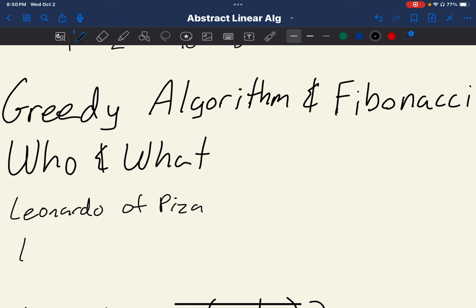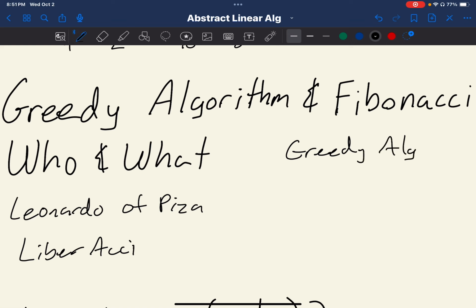And he wrote the Liber Abaci, which is most notably a text where he introduces the numbers that I am writing here, right? Previously, those weren't used. These are Arabic Hindu numerals, and he introduced them to Europe. But he also spoke on Egyptian fractions and even wrote what is called the greedy algorithm.